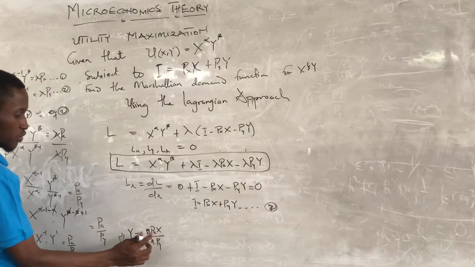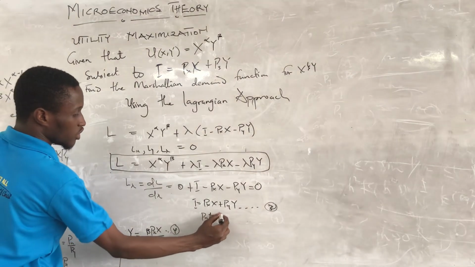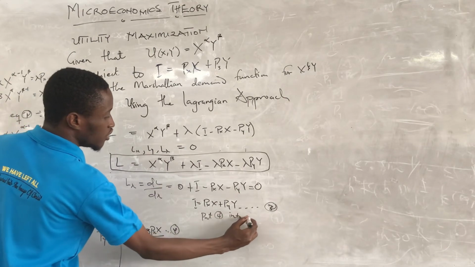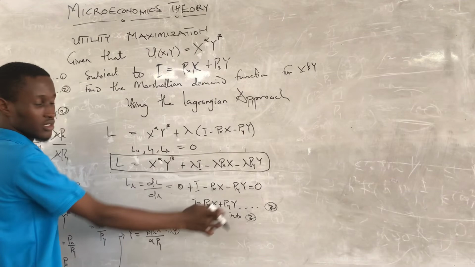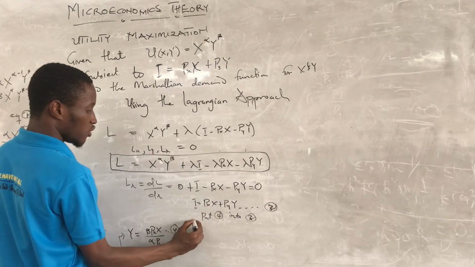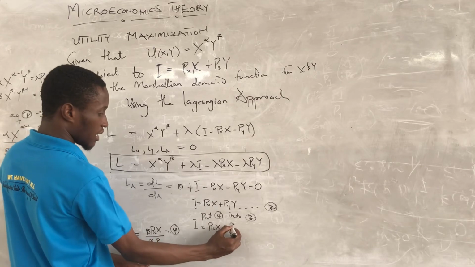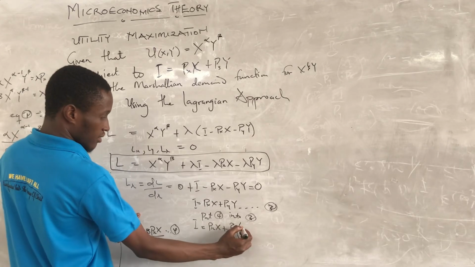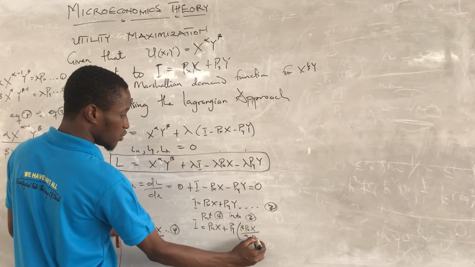So we'll call this equation 4. Now put equation 4 into equation 3. So in place of y, we put the whole thing here. So I have I equal to px x plus py into brackets beta px x over alpha py.